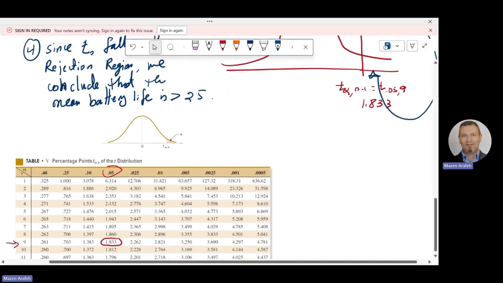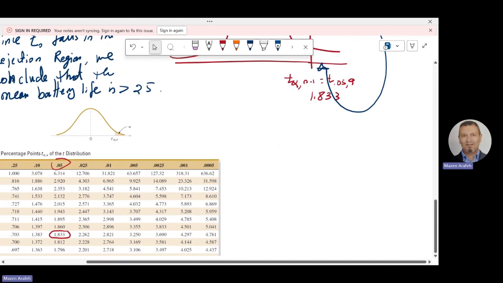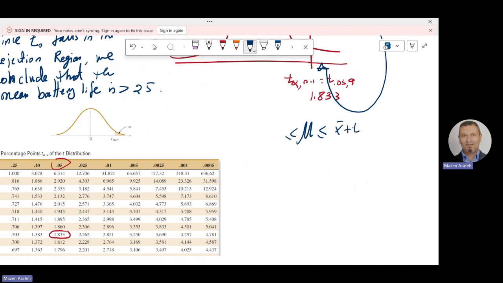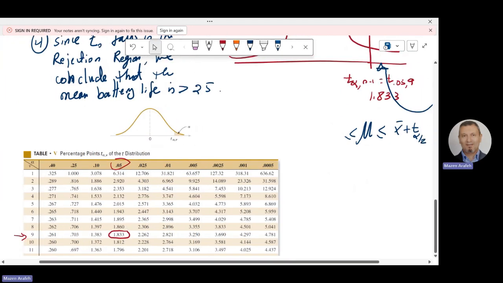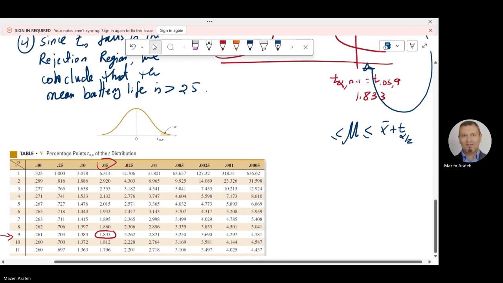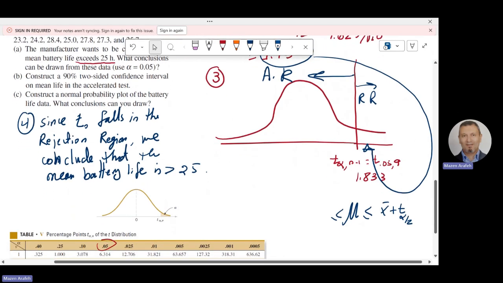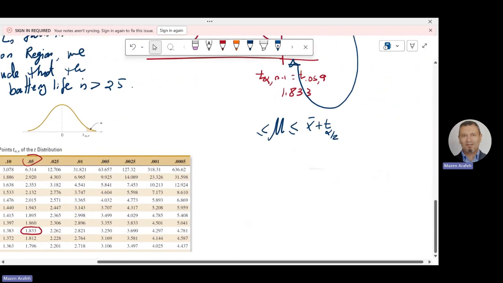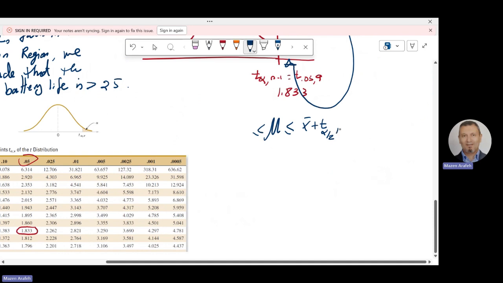Now to construct a 90% two-sided confidence interval. So let's do this here. I need to construct a two-sided 90% confidence interval. So this is now x bar plus t alpha over 2, because it is two-sided, so it is alpha over 2, with the appropriate degrees of freedom, times s over square root of n.